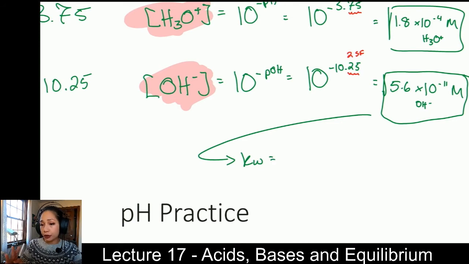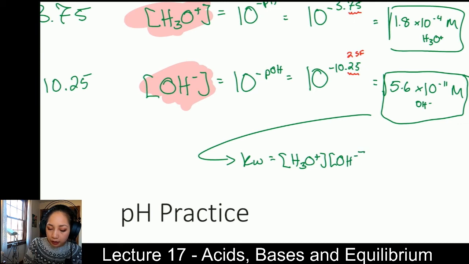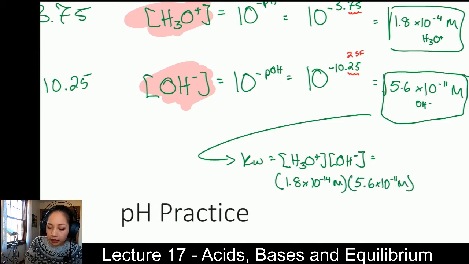So there's also other ways you can do this problem. Kw equals H3O plus times hydroxide. If you multiply those two numbers together, 1.8 times 10 to the negative 4 molarity times 5.6 times 10 to the negative 11 molarity, this should equal 1.0 times 10 to the negative 14. I'll just check it right here.